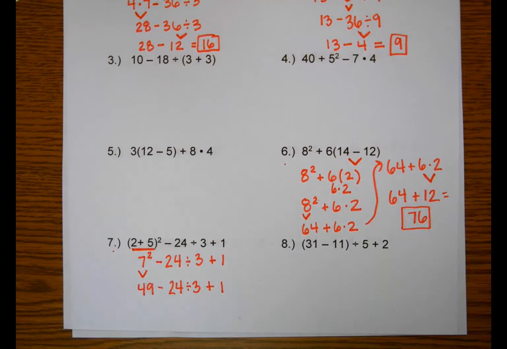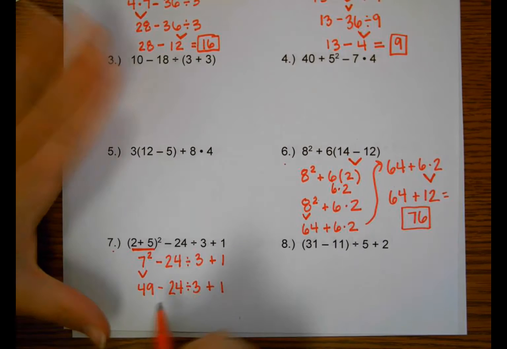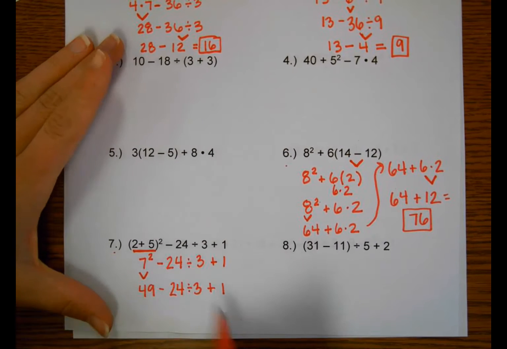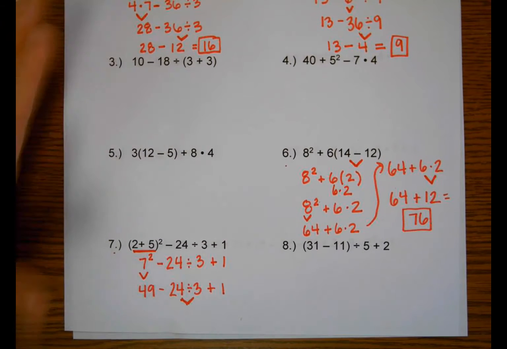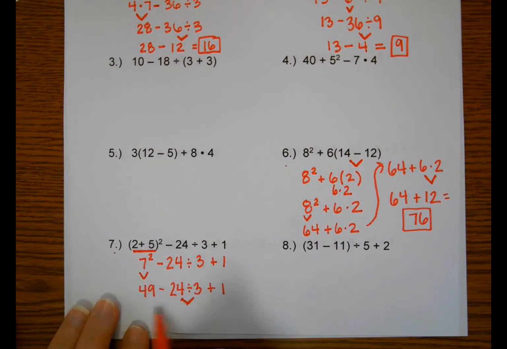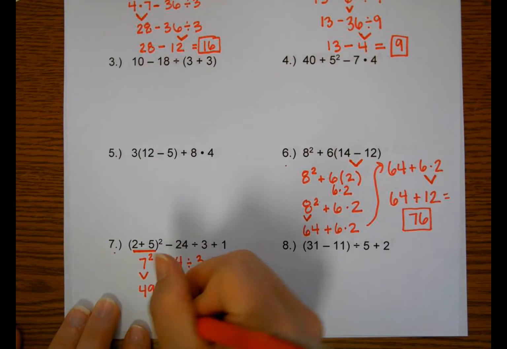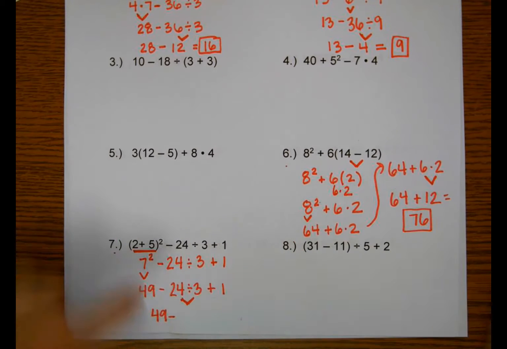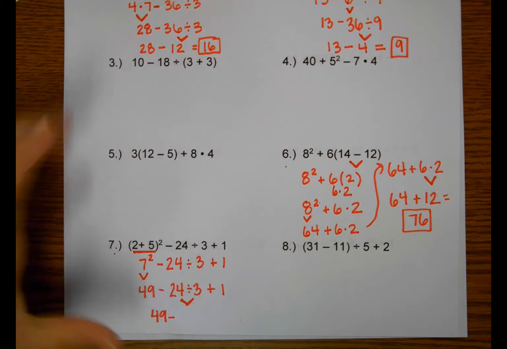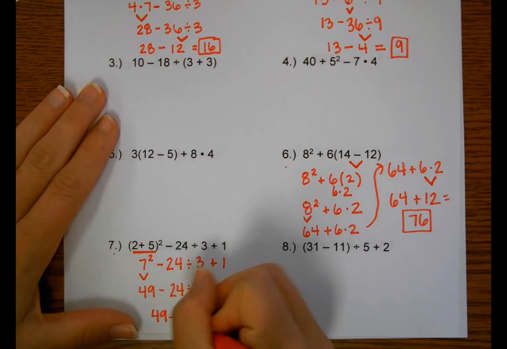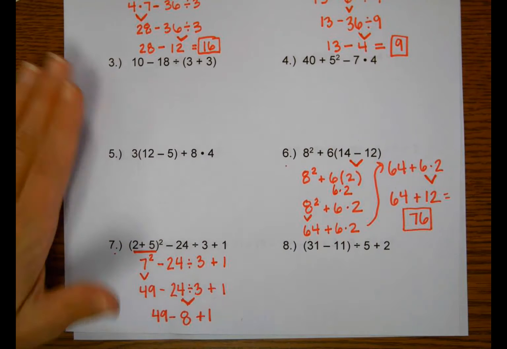So I did parentheses, I did exponents. Now I'm looking for multiplication and division from left to right. So if I look, I'm not going to do subtraction yet. I've got to do division first. I don't have any multiplication, but the first thing I see left to right for multiplication and division is this division here. So I have 49 minus 24 divided by 3 would give me 8 plus 1.